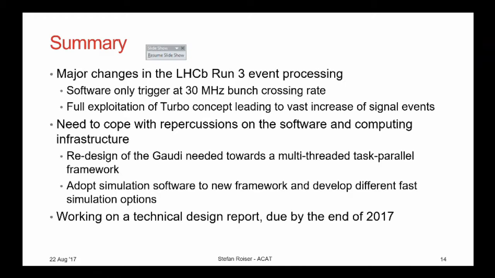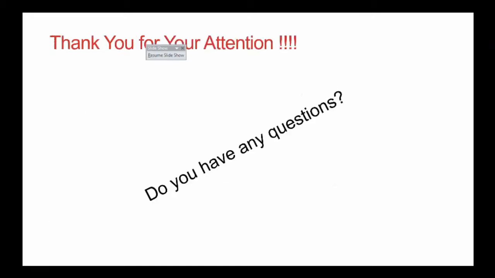And the other big player is the simulation work that we're doing on the grid. The grid will be only used for simulation work for LHCb. And towards the end of the year, we are working on a TDR. That's all I wanted to say. Thank you.